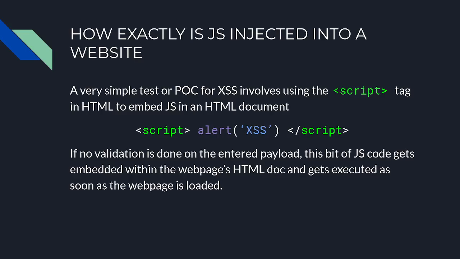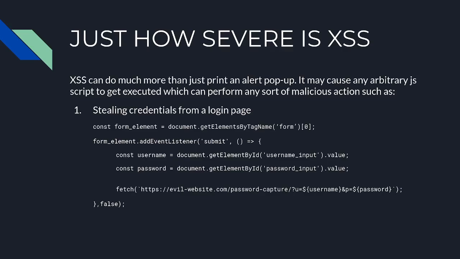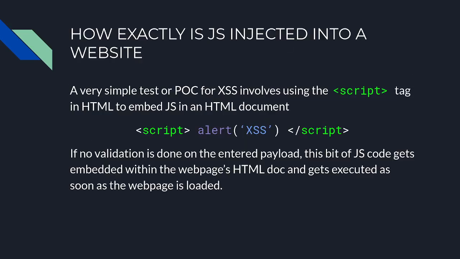An attacker manages to insert their own arbitrary JavaScript into a website through some means. And for a successful XSS attack, three important conditions need to be satisfied. That is, the website must take in some kind of user input from users. Now, user input can be anything.